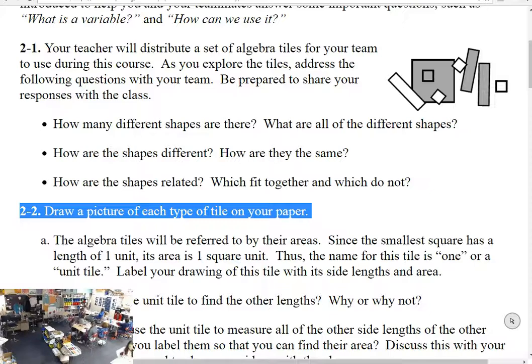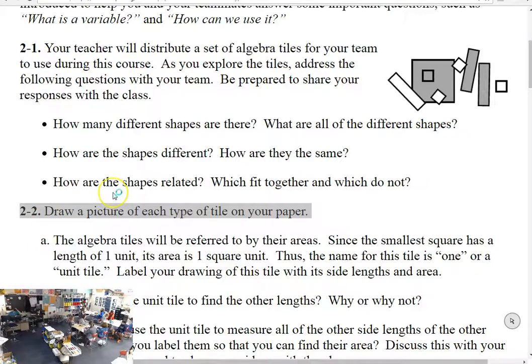Chapter 6. Yeah, okay. You should have multiple of the same tiles. Wait, each type of tile or each tile? Each type.